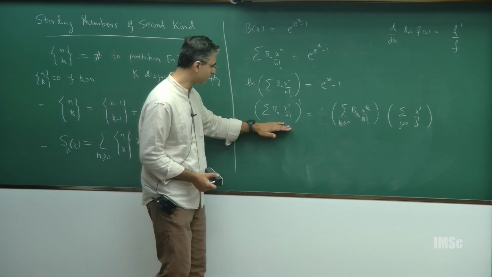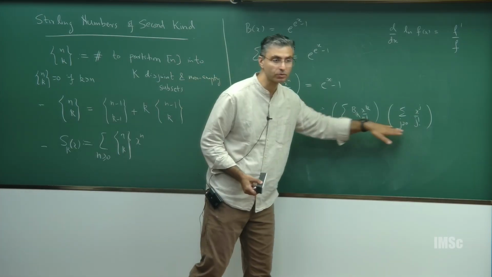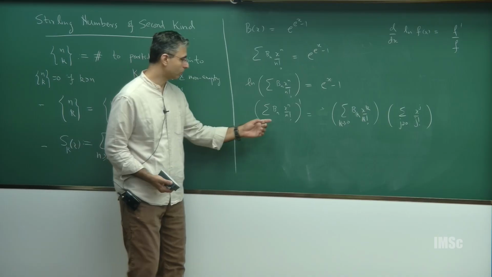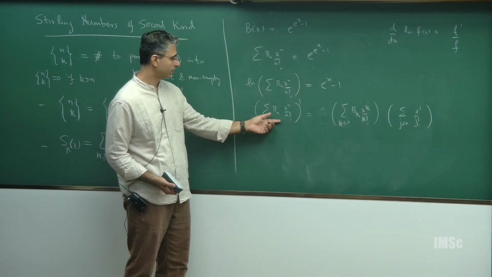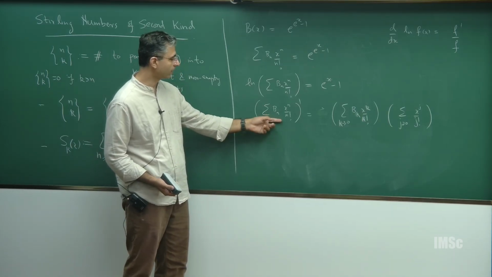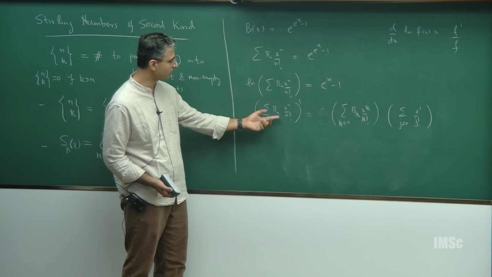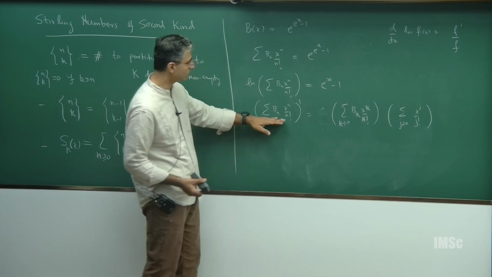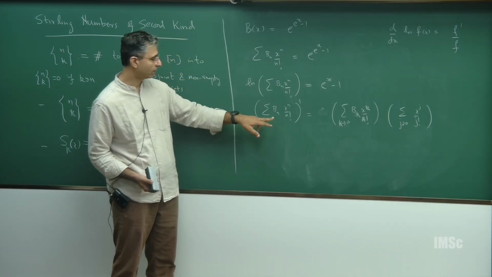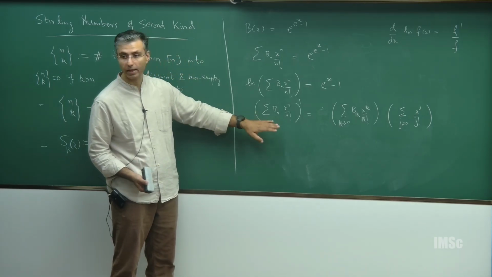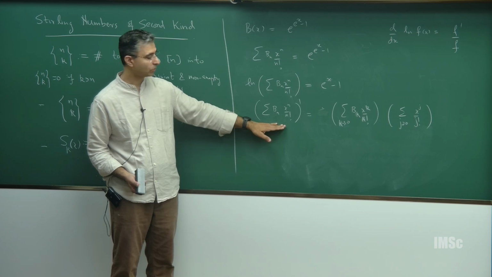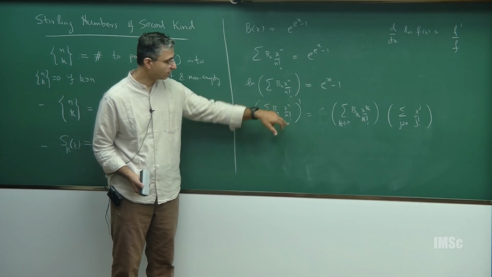So, the derivative of this function is the product of these two functions, right. Now, let us take bn here. What is the coefficient of x raised to n in this derivative?